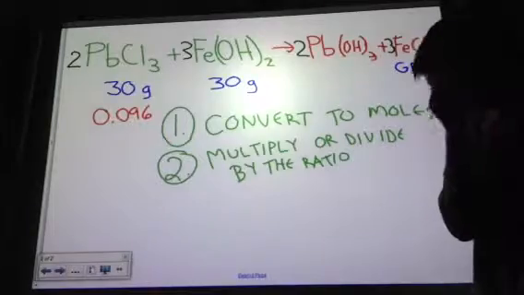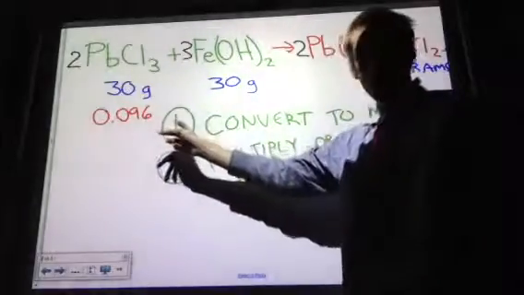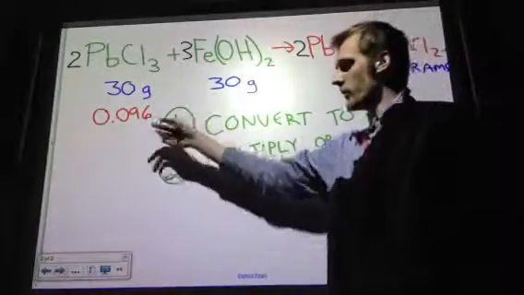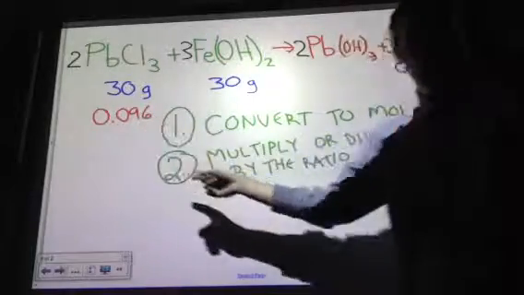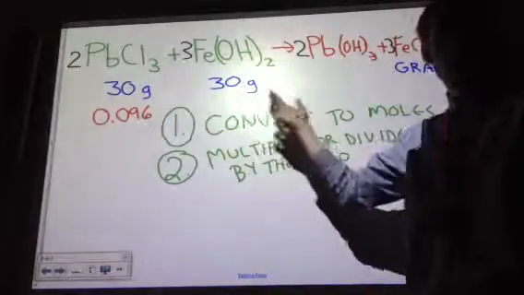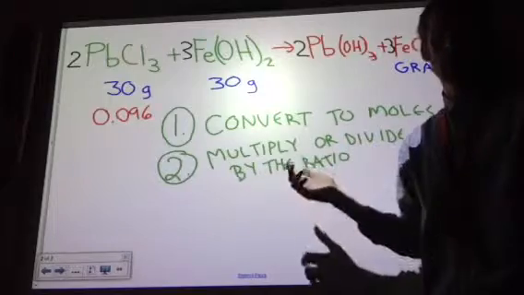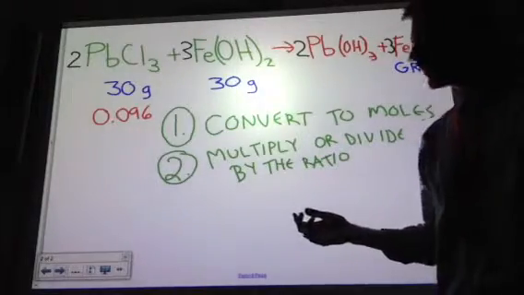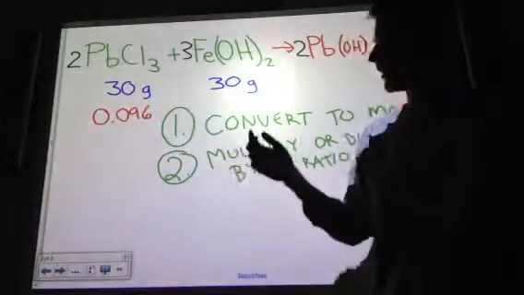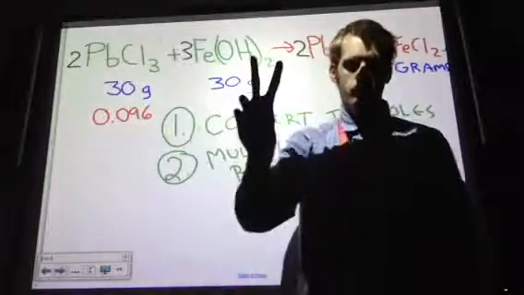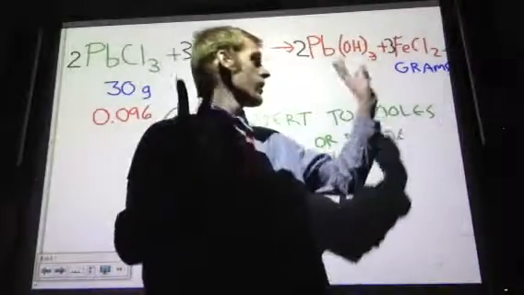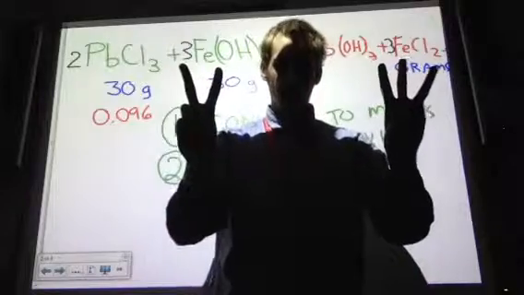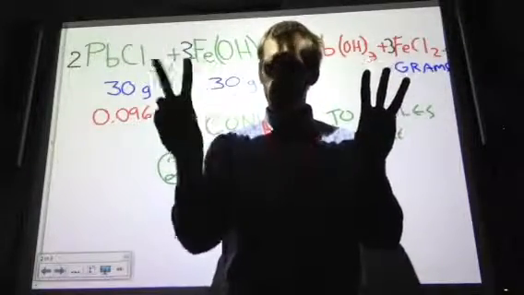All right. So step 1 was to convert to moles. Done. Step 2, basically you have to write the balanced formula and then multiply or divide by the ratio. Here's what that means. I have 2 of these. I have 3 of these. What do I have to do to get from 2 to 3?